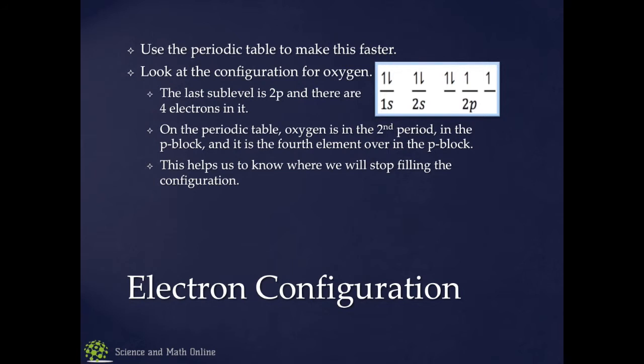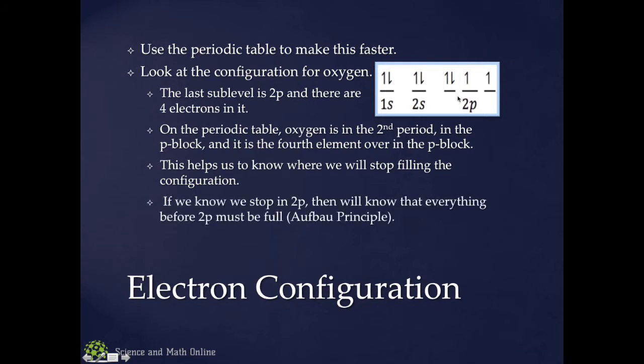Because this will help us to know where we stop filling the configuration. We know that oxygen's in 2p and it's the 4th one over, so we know that's where we're going to stop. But here's the beautiful piece about it.